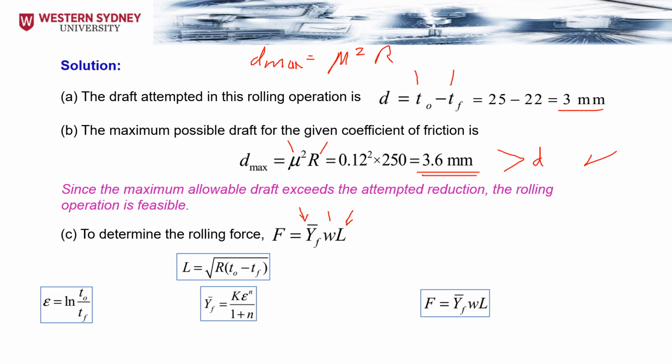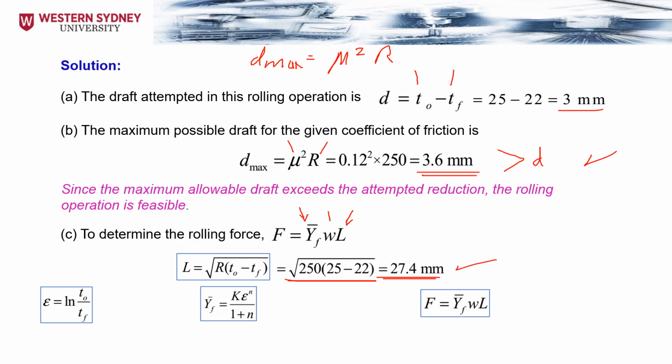We can find the true strain, which is the ln of 25 divided by 22. We can find the Y_f prime, and we can find the force. So first we have 250 multiplied by 3 under square root, and this will be 27.4 millimeters.